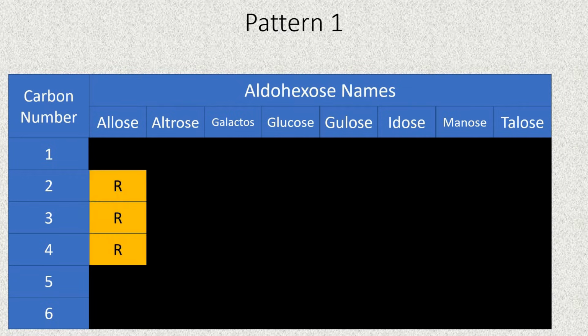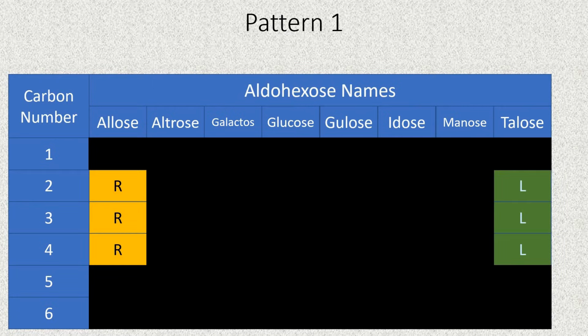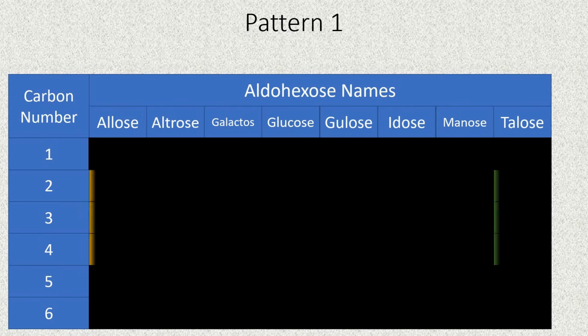So in allose, because it is the alphabetically first sugar, the hydroxyl groups of carbon number 2, 3 and 4 are all on the right side, while talose, which is the last sugar alphabetically in aldohexoses, has all the hydroxyl groups on carbon number 2, 3 and 4 on the left side. So these are also not included in our pattern today. Let's hide them too.